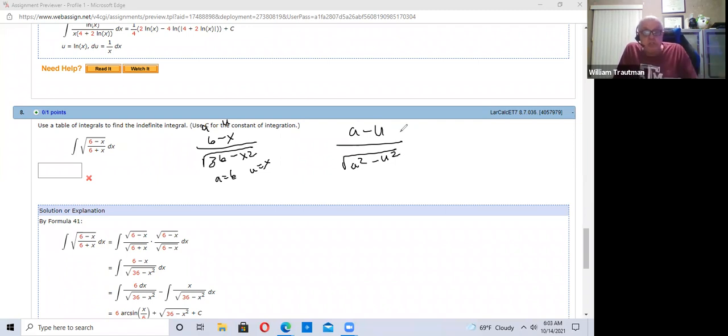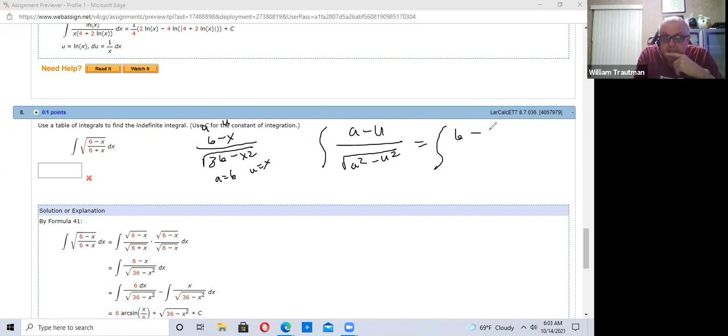And ours kind of matches 41, but not perfectly. So what we have to do is we're integrating this, and let's put the numbers there.